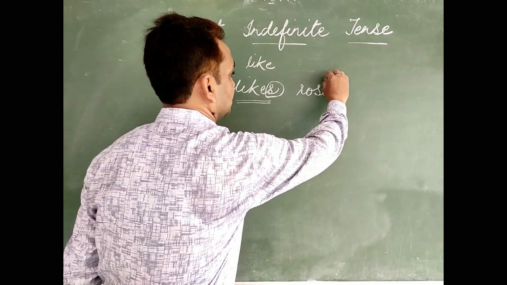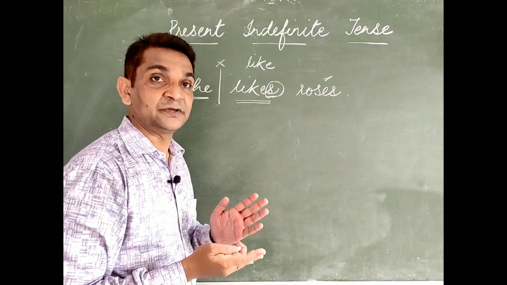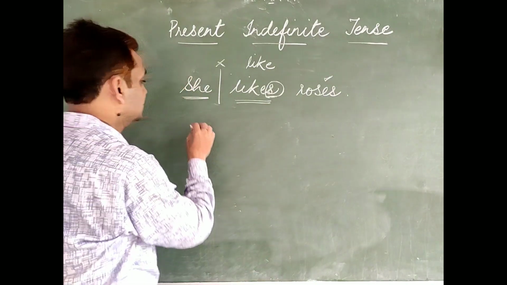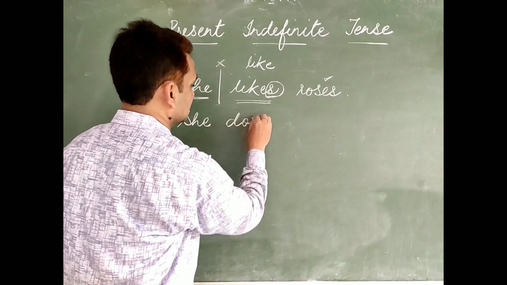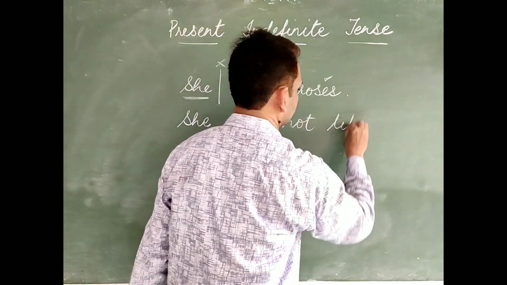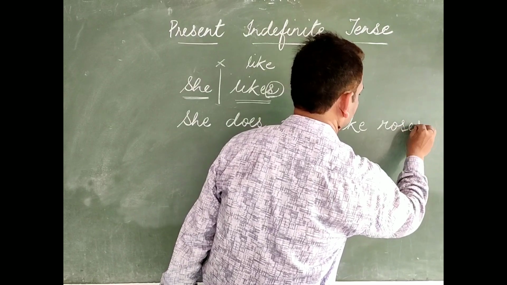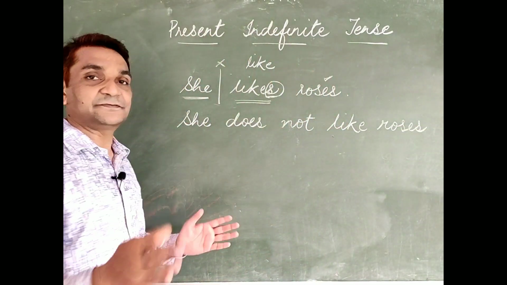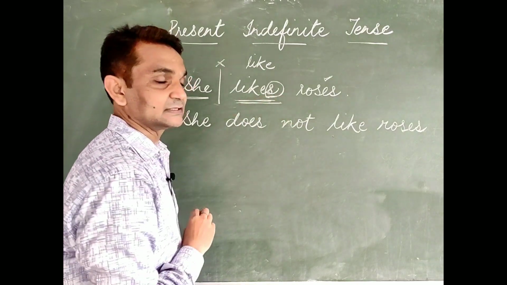And roses is object. Now if the same sentence has to be written in negative, it will become she does not like roses. Now see the difference. In affirmative we have written likes.